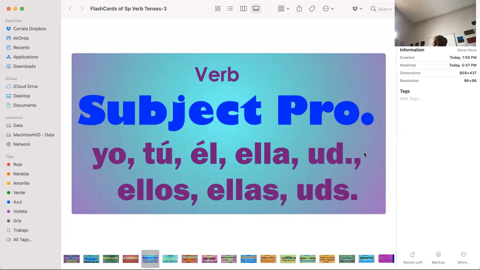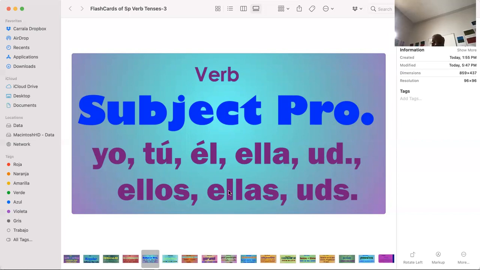Try to imagine nosotros here, N-O-S period, or N-O-S-O-T-R-O-S, nosotros. Hablamos, H-A-B-L-A-M-O-S. Ellos hablan, ellas hablan, ustedes hablan.